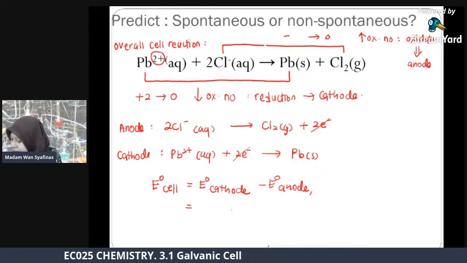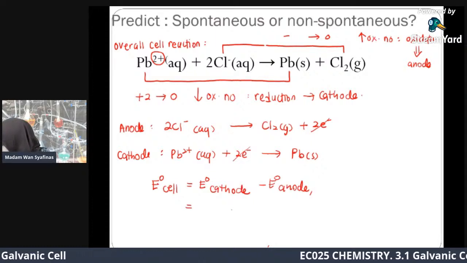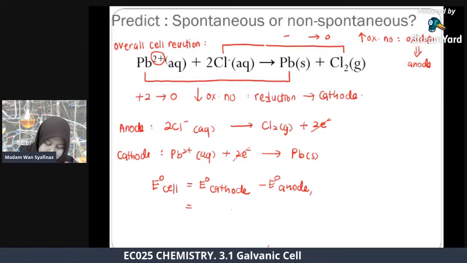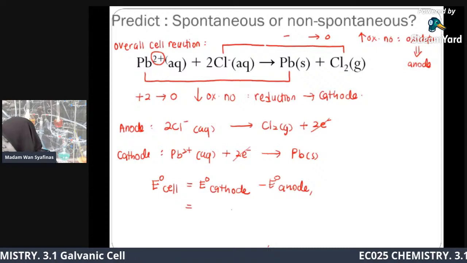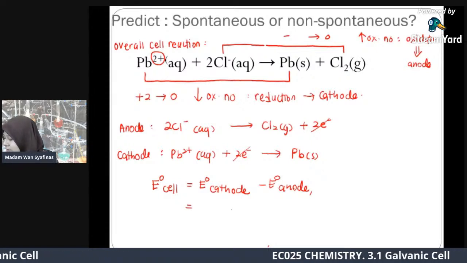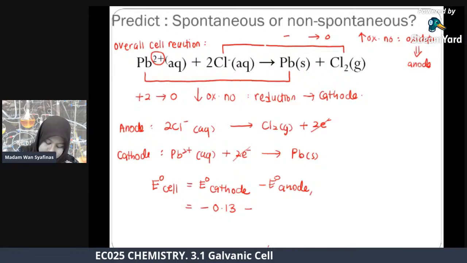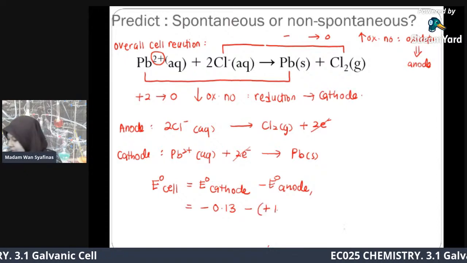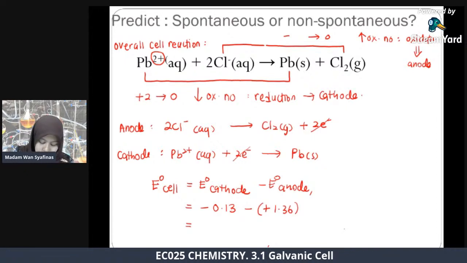Untuk lead 2 plus nilai dia negatif 0.13 volt, tolak dengan dia punya anode. Anode tadi kita ada chlorine, nilai dia positif 1.36. Bila kita calculate, kita dapat nilai dia negatif 1.48 volt.